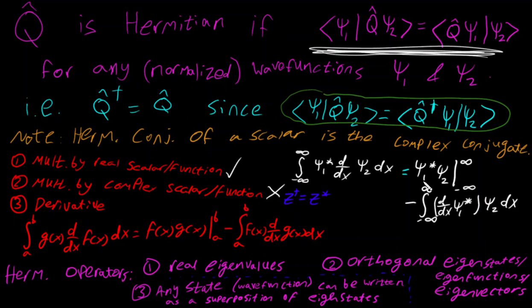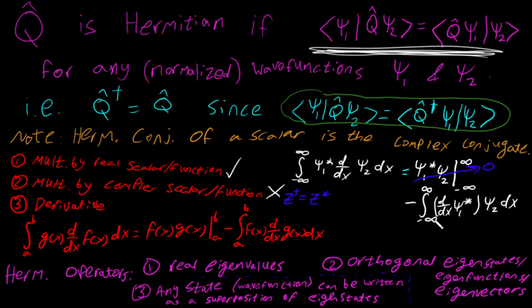So this part, if you plug in positive infinity, psi 1 star is going to be 0 and psi 2 is going to be 0, because in order to be normalized, the wave function has to go to 0 at positive and negative infinity. Otherwise, you can't take the area under its magnitude squared from negative infinity to infinity. And same thing, if you plug in negative infinity, you'll get 0. So plugging in at infinity and subtracting plugging in at negative infinity, you get 0 minus 0 equals 0. So this thing actually equals 0.